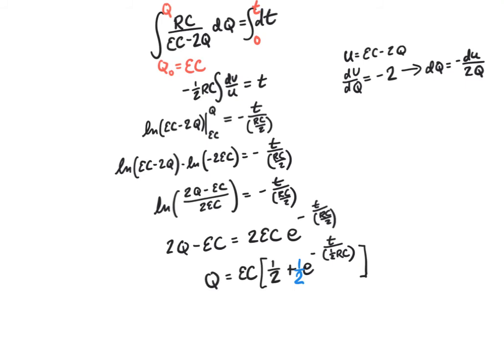Qualitatively, this makes sense. When t is 0, we recover, assuming we can find this 1/2, I don't know where I lost it, we recover our initial charge before we close the switch.